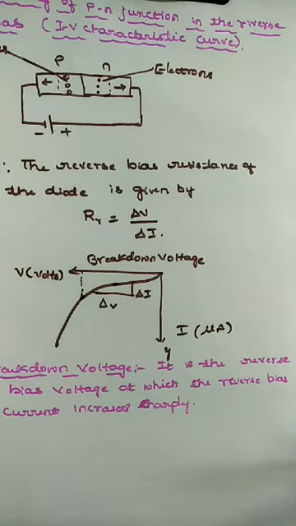So it is a reverse bias voltage at which the reverse bias current increases sharply. Because of that, we call this a breakdown voltage.